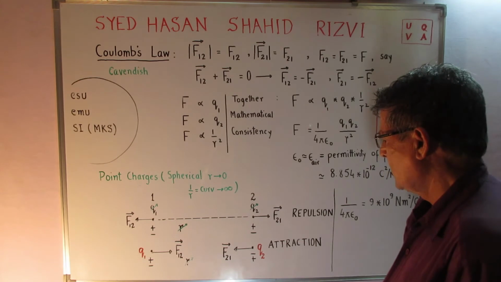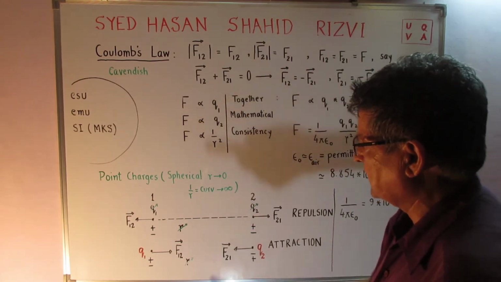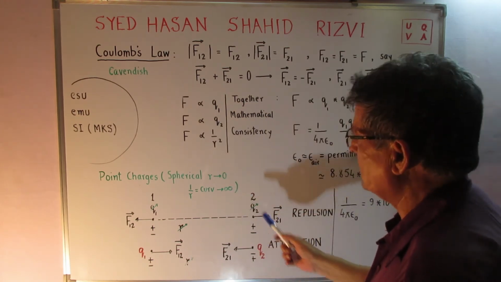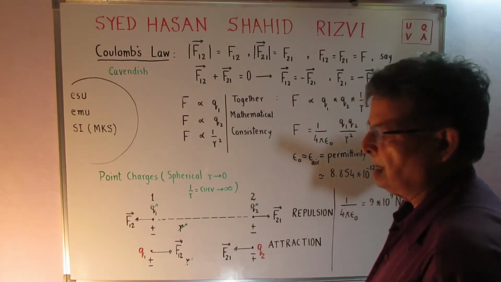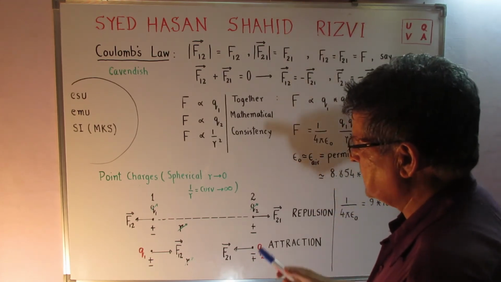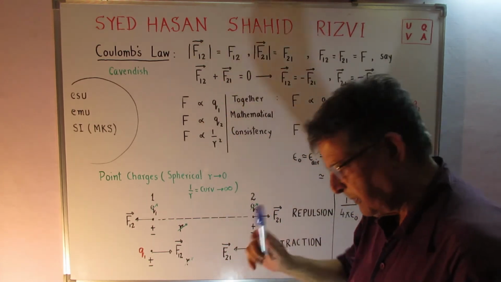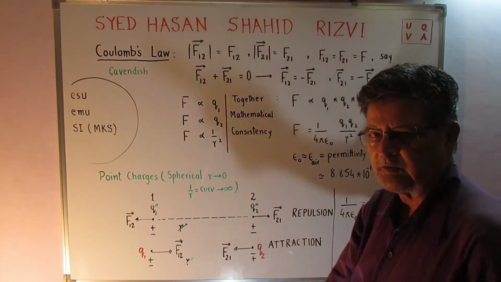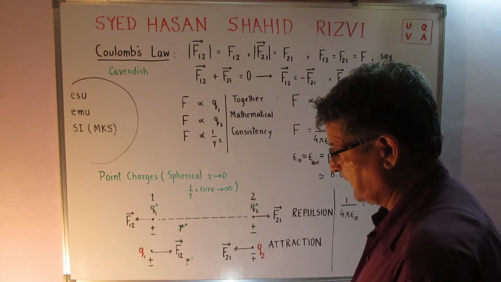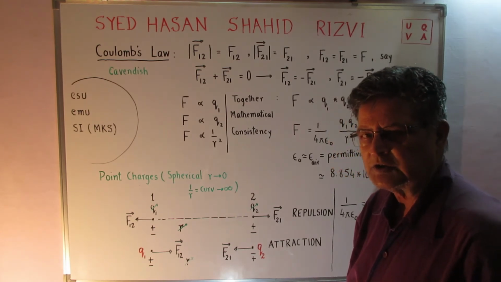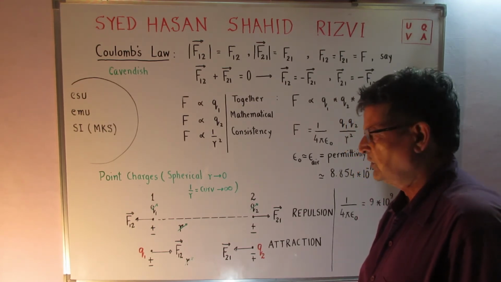Now, look here, one thing I forgot to tell you, another thing about the Cavendish experiment: our gentleman Coulomb made a very large number of experiments, repeated, and that is the scientific way of doing things. He didn't believe himself to be an authority. Like all scientists, they don't say that because I have said so, it is true.